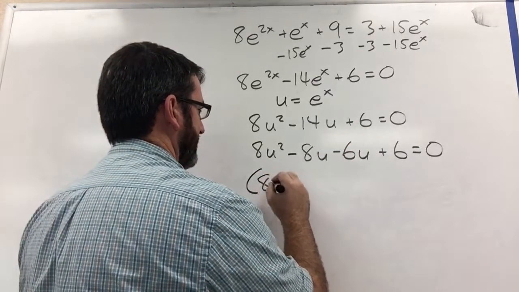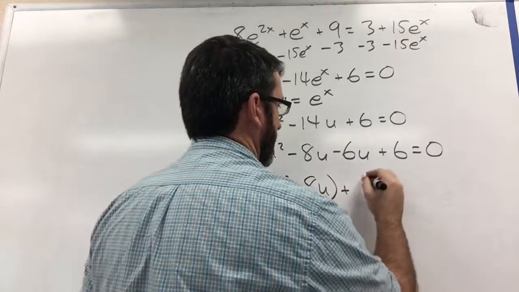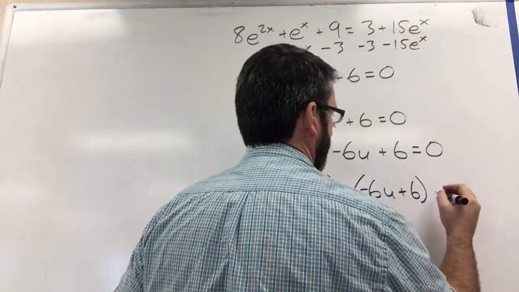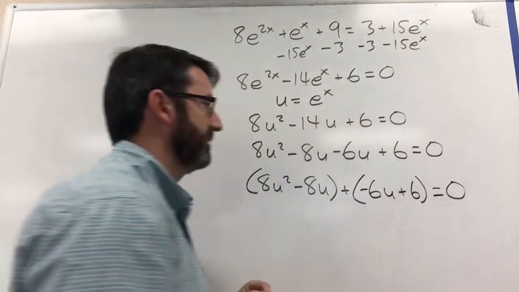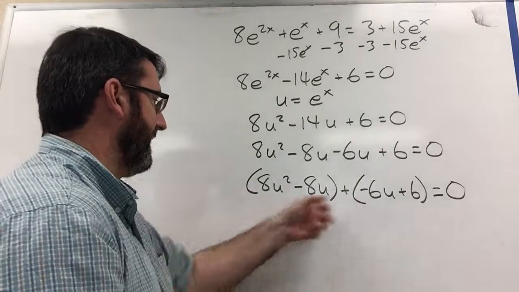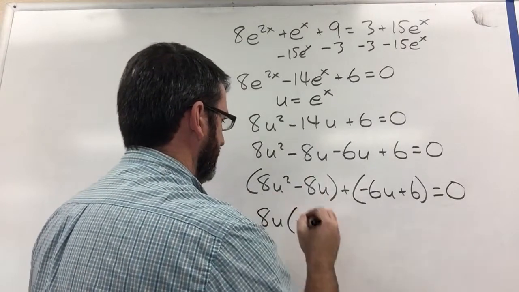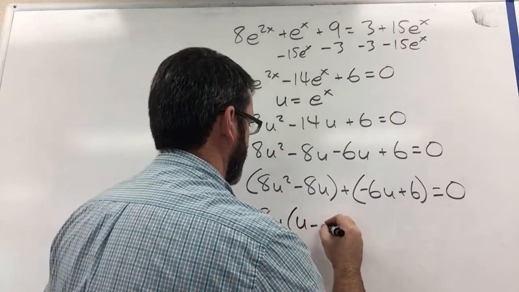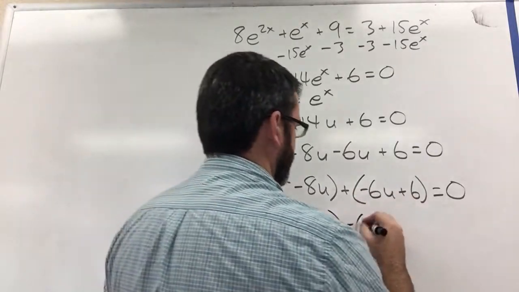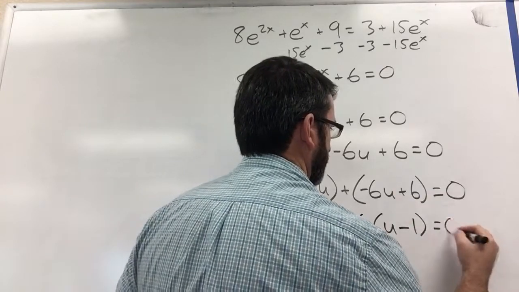Now we can group these. So we get 8u squared minus 8u in one group plus negative 6u plus 6 in the other group. And let's factor an 8u out of this group. We're left with u minus 1. And over here we're going to factor out a negative 6. And we're left with u minus 1 again.